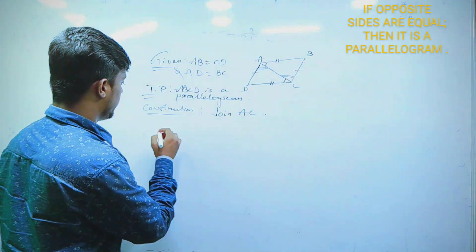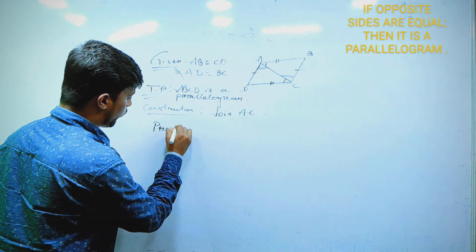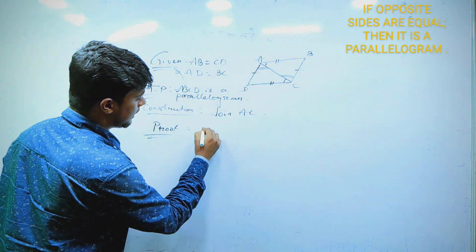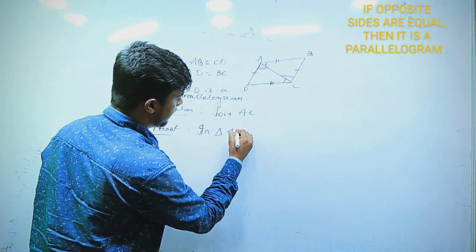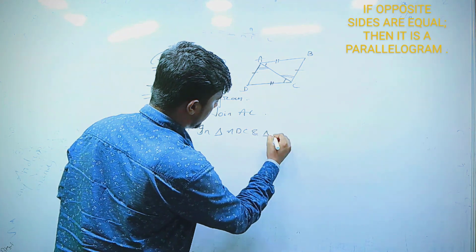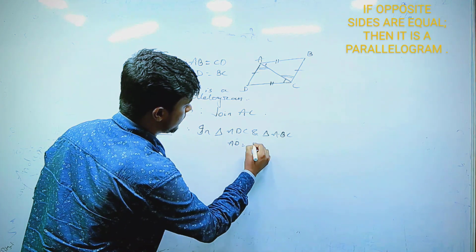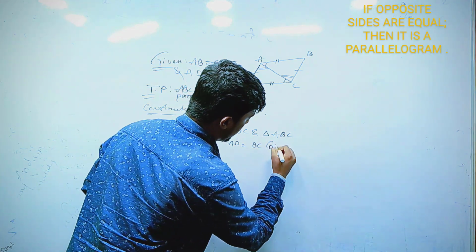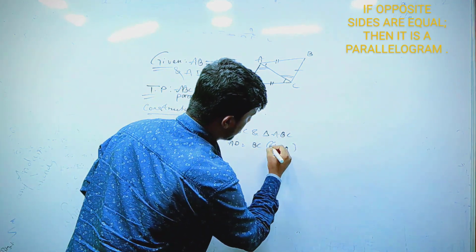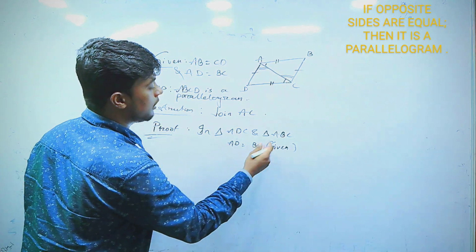Look, if we are going to prove it, then we will write: in triangle ADC and in triangle ABC, AD equals BC, given. Always mention the reason properly in the bracket.